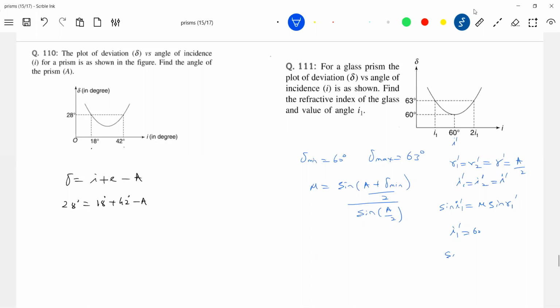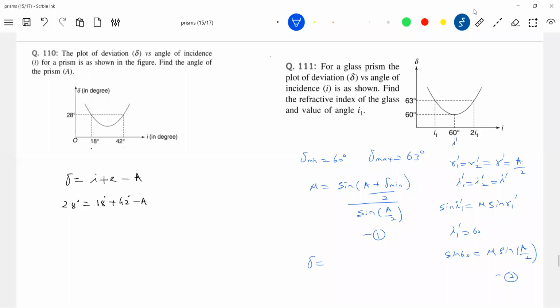So this will become sine 60 equal to mu sine of A by 2. Sine of A by 2 you can write as mu. So there's one equation, there's another equation. Solving 1 and 2 will get both mu and A. So from the deviation formula, we'll get it directly also. Okay, yeah, we can use that also.